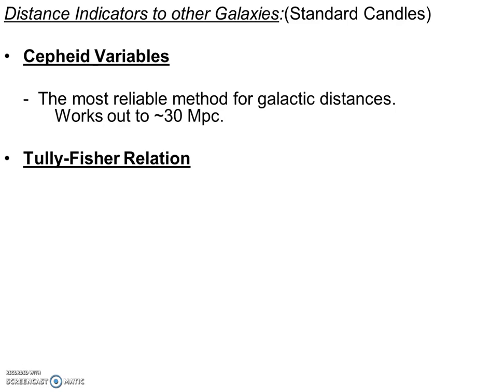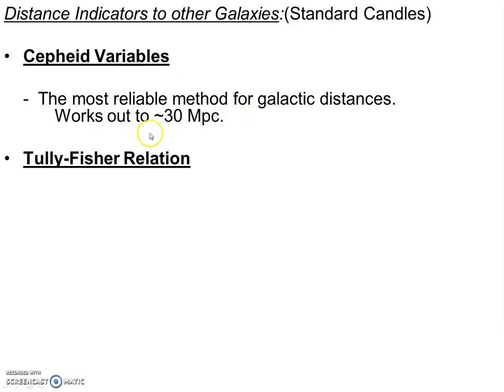The Tully-Fisher relation is kind of interesting. What we do is we look at galaxies that are within the 30 megaparsec range of Cepheid variables, and we plot it on a graph of rotation or mass versus brightness.